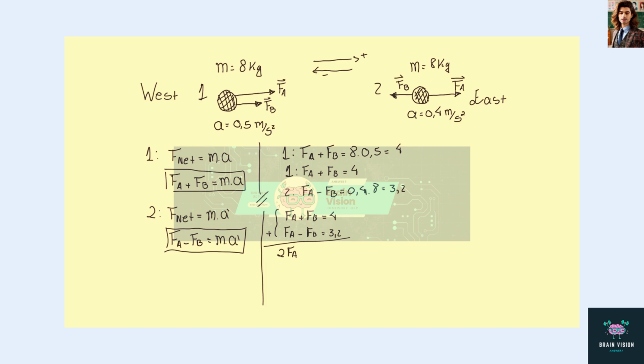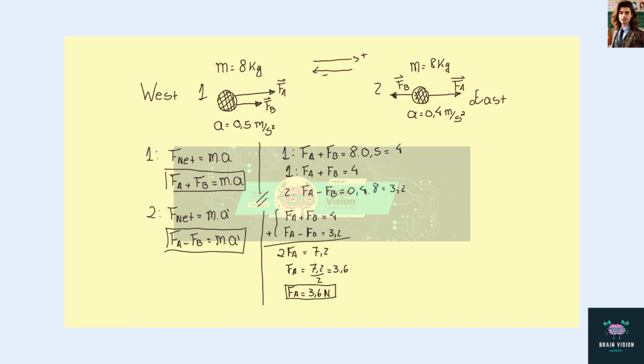There is an exact cancellation. Then 2 times Fa is equal to 4 plus 3.2, which is equal to 7.2. Now, the force Fa is equal to 7.2 divided by 2, which is equal to 3.6. Therefore, Fa is 3.6 newtons.